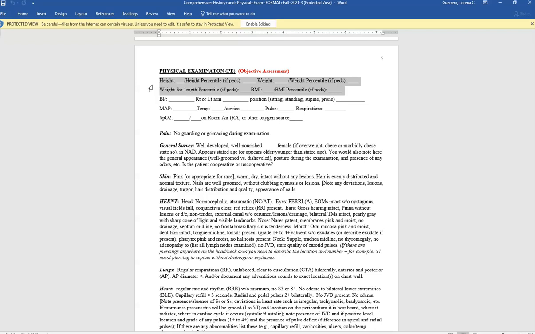In that growth chart, you will see certain lines that tell you what the percentile is for that particular height, weight, weight for length, and BMI.